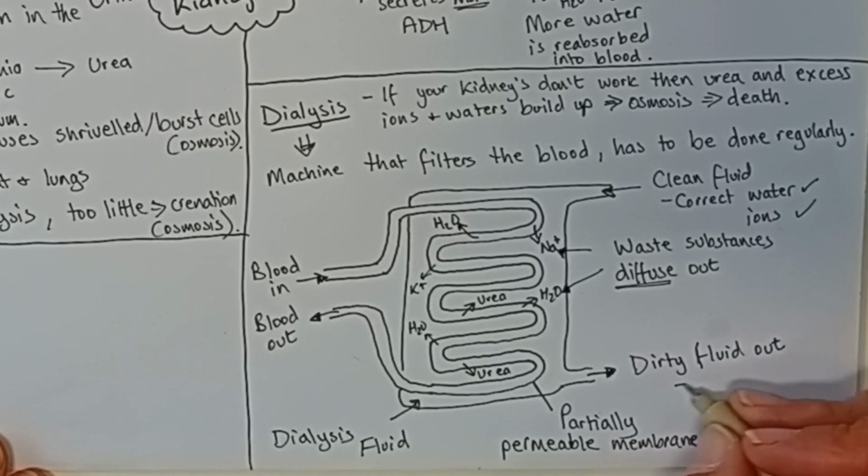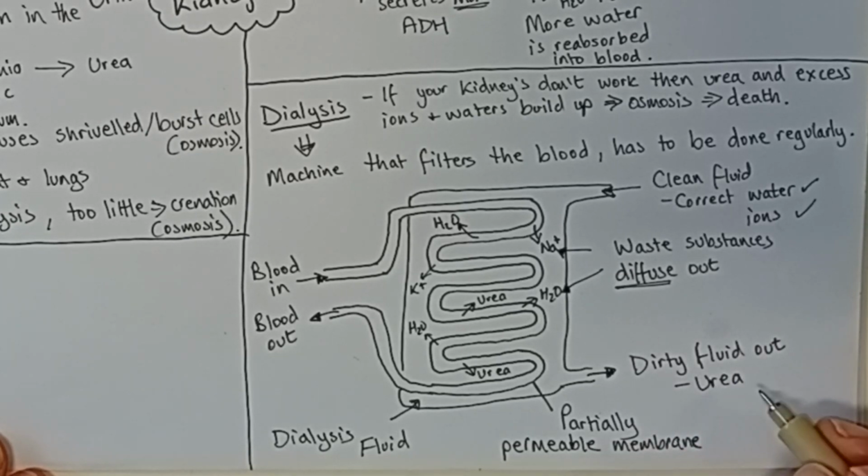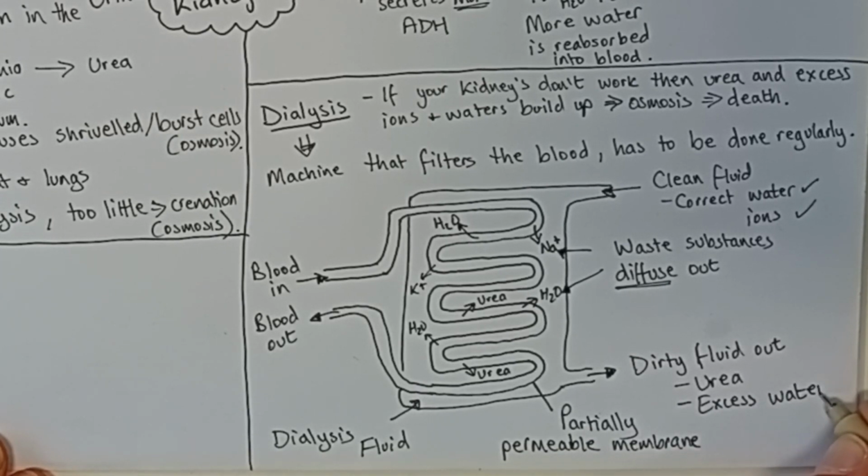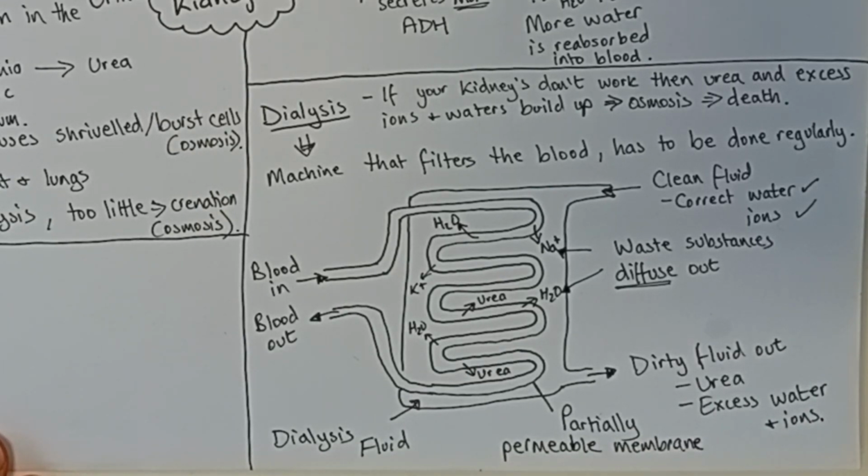And that will contain urea, which has been removed, and it will contain the excess water and excess ions. So that's dialysis, using a partially permeable membrane, so using essentially osmosis and diffusion to let extra water and extra ions out of the blood to clean it.